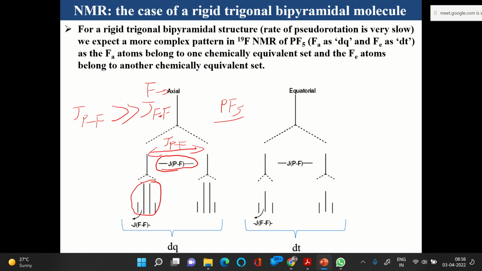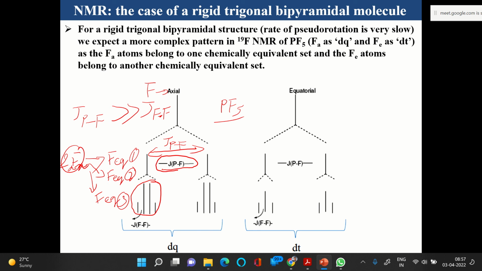JFF: this axial F interacts with F equatorial number 1, F equatorial number 2, F equatorial number 3.